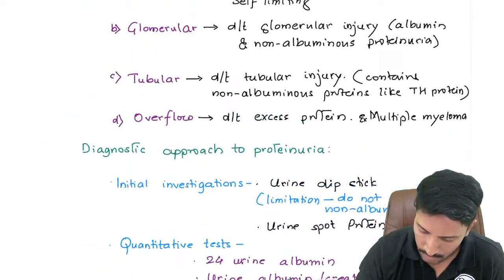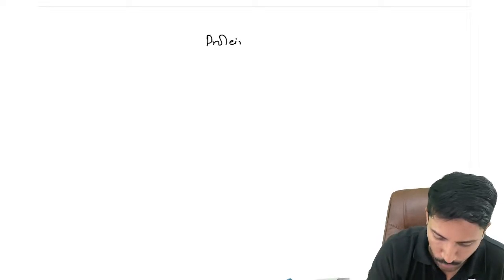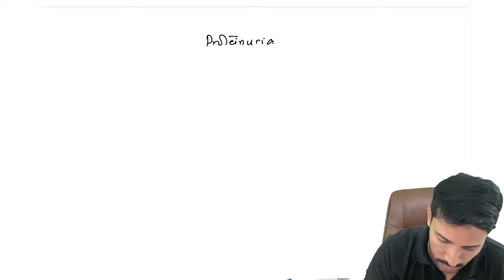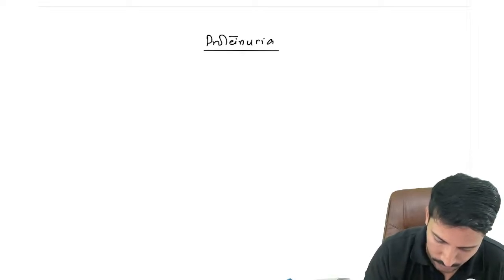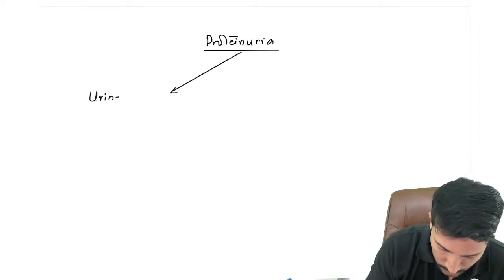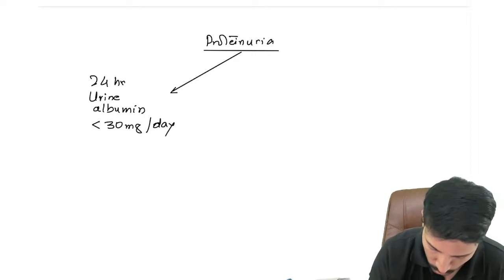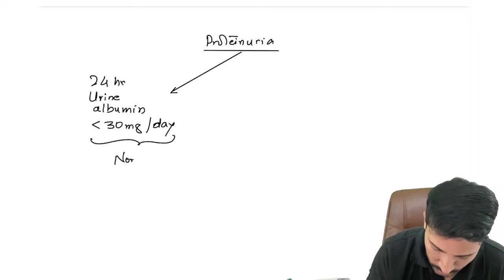So how do we approach the quantified classification of proteinuria? If there is a patient with proteinuria and the 24-hour urine albumin is less than 30 milligrams per day, of course this is normal.